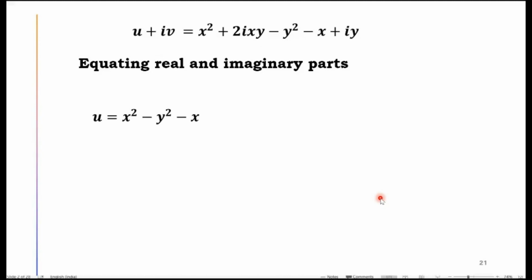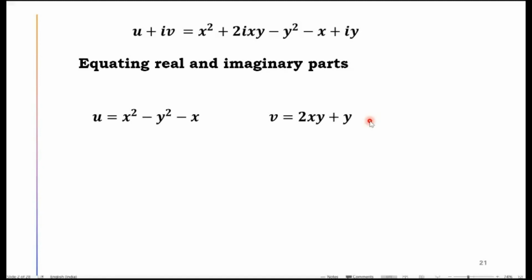Okay, equating real and imaginary part. The real part will become x square minus y square minus x. Imaginary part will be 2xy plus y. Okay, u is equal to x square minus y square minus x, and v is equal to 2xy plus y.